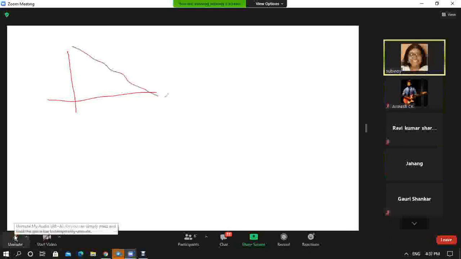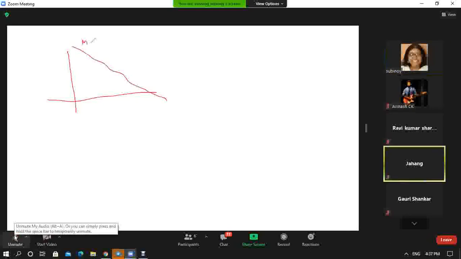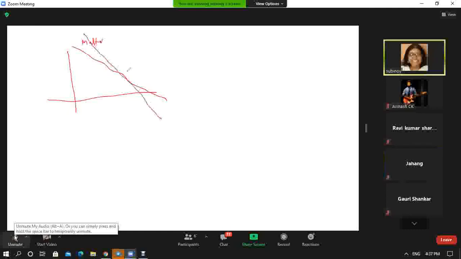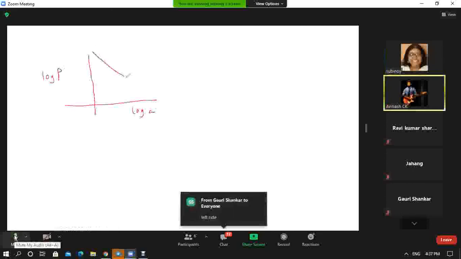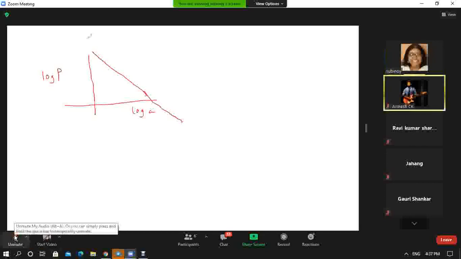Remember this line, this is the radiation. Let's draw it nicely. So this one is my radiation, 1 by a to the power 4.